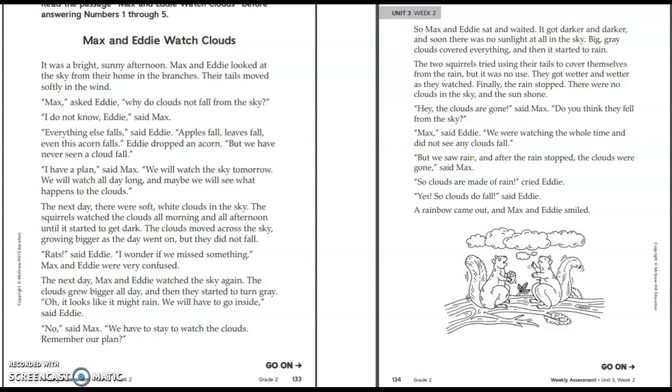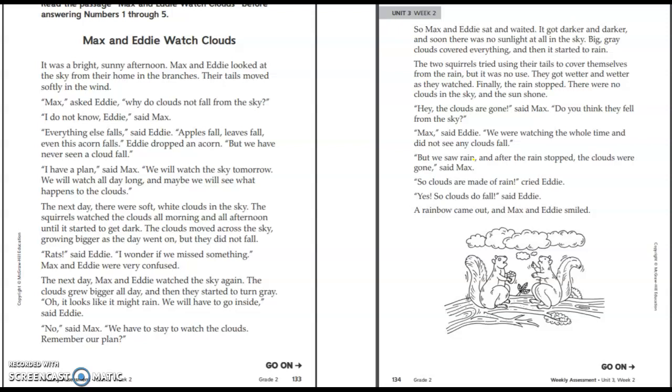It got darker and darker, and soon there was no sunlight at all in the sky. Big gray clouds covered everything, and then it started to rain. The two squirrels tried using their tails to cover themselves from the rain, but it was no use. They got wetter and wetter as they watched. Finally, the rain stopped. There were no clouds in the sky, and the sun shone.